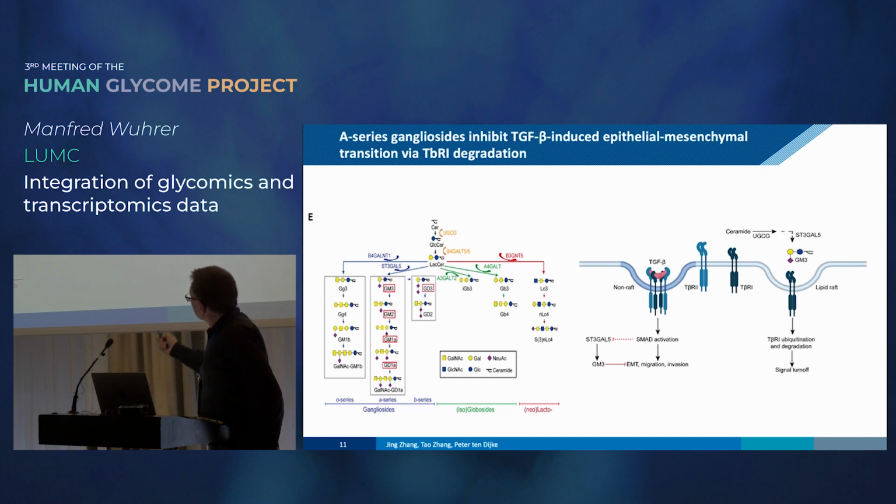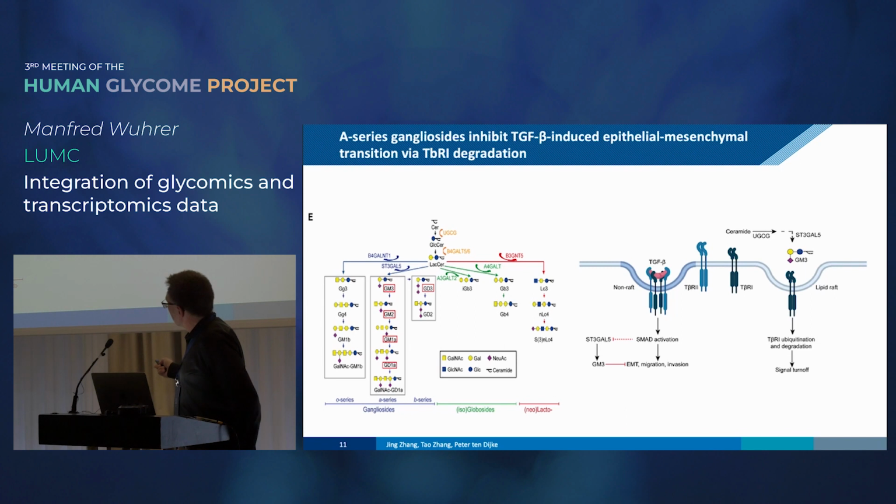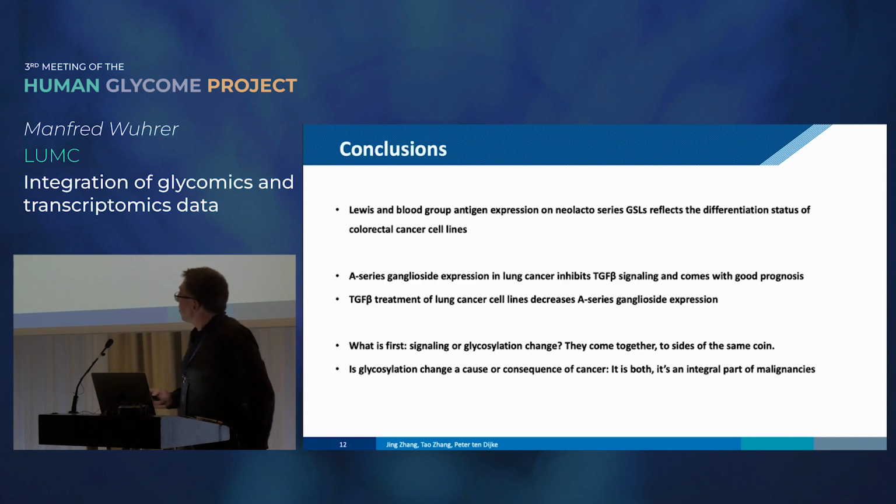The left-hand side of the scheme shows TGF-beta signaling leads to a lower expression of gene 3 of the A-series gangliosides. On the other hand, gangliosides themselves influence TGF-beta receptor degradation. We have a whole bunch of data in this manuscript which support that. I have no time to show that here. But this brings me already to the conclusions of my talk.